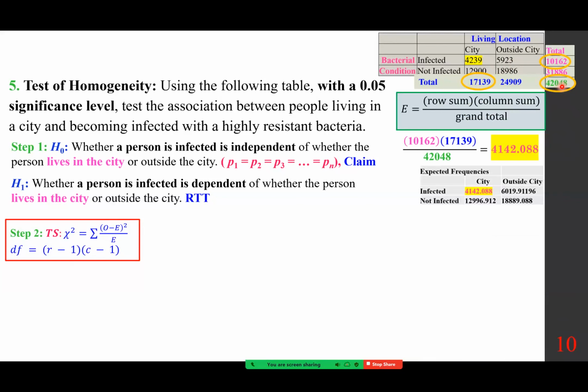And here's the table that represents the expected frequency for each of those cells. There are four cells. And also, you can calculate individually the difference between this and this, square it and divide by this. So you can put that into this table, O minus E quantity squared divided by E individually.